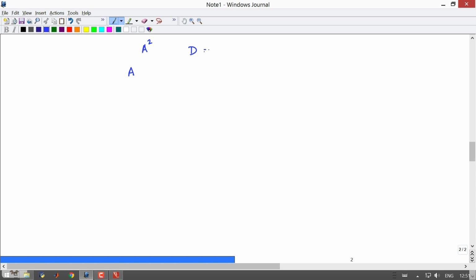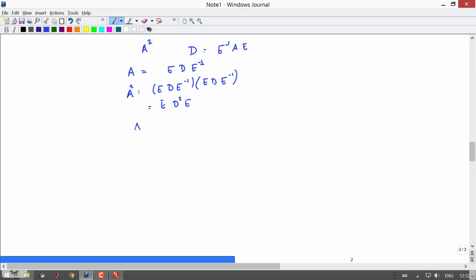We had D equal to E inverse A E. I can equivalently write this as A equal to E D E inverse. So what is A square? A square would be E D E inverse multiplied by E D E inverse. So this is E D square E inverse.